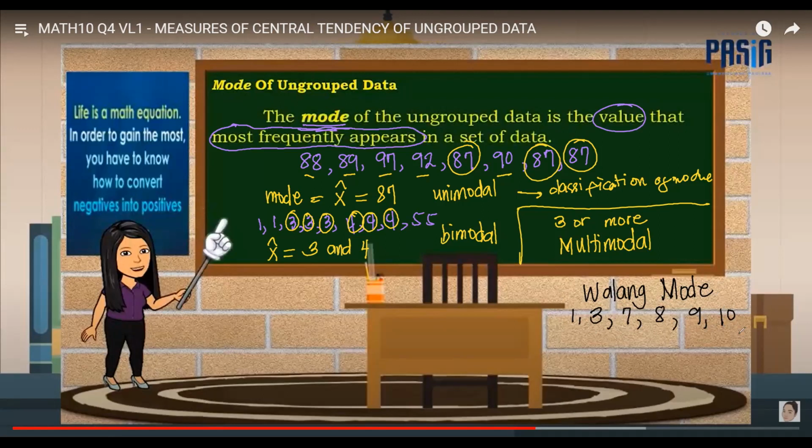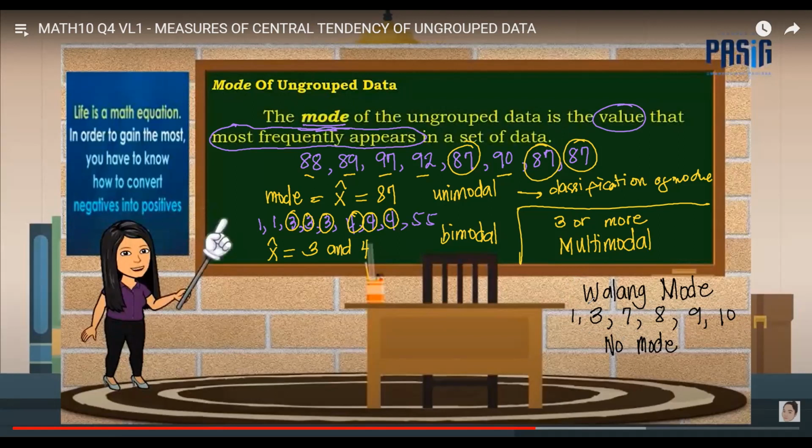Ito yung mga scores nila. Pare-pareho silang tig-iisang beses lang na ulit. So walang most frequently appear na data. So ang ilalagay natin dyan ay no mode. Okay? So wala tayong mode kasi walang nag-appear ng mas maraming beses. Okay, pare-pareho sila ng isa lang.